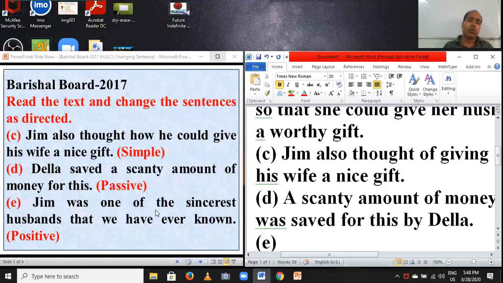So, while changing into positive degree, you have to use the formula: very few plus plural noun plus adjective 1.